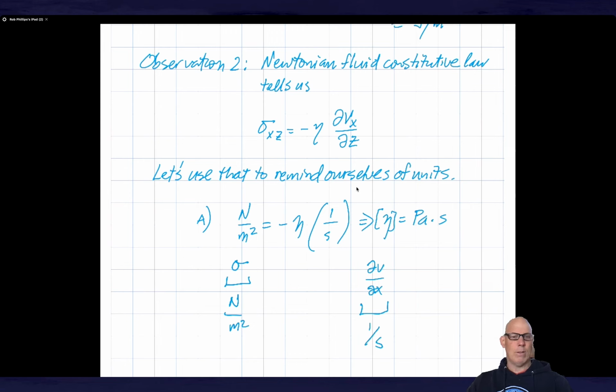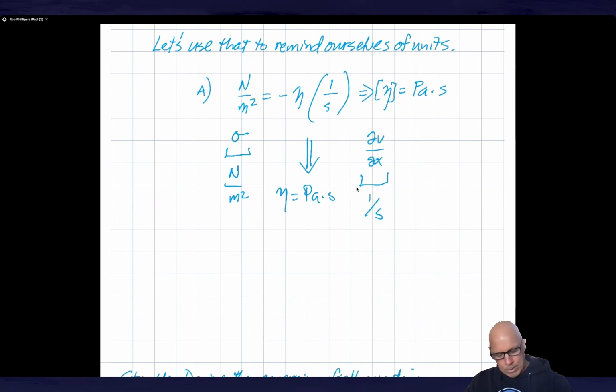Because velocity has units of length over time, and the z in the denominator, or the x in the denominator, has units of length, so we're left with units of 1 over time, and that all implies that the viscosity has units of Pascal seconds, or newtons per meter squared, times seconds, sorry. Typical value, so eta for water, this is worth carrying around in your head, is 10 to the minus 3 Pascal seconds. So that's a value that we will hold on to and use ourselves.